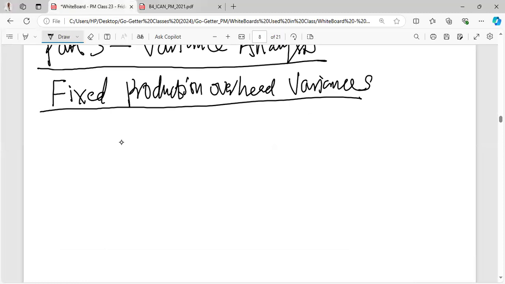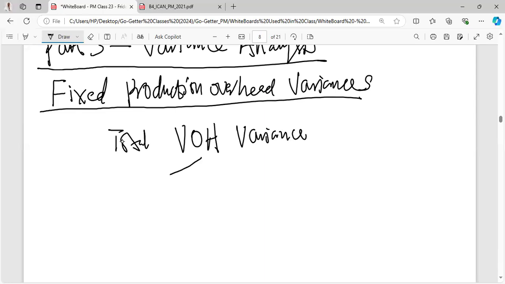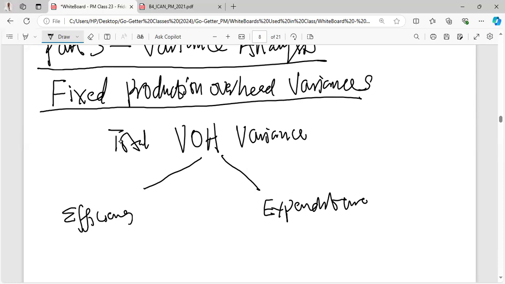We have variable overhead variance, right? This is total variable overhead variance. And we know we have two: expenditure and efficiency.